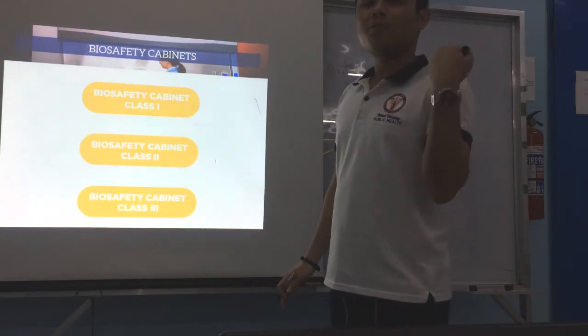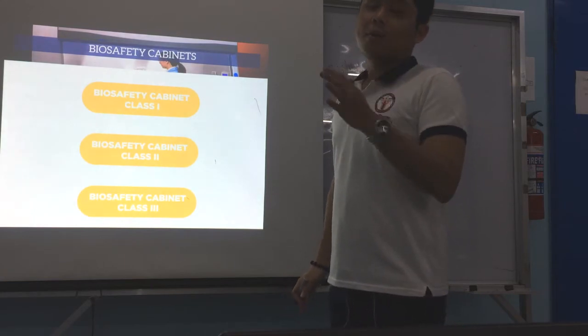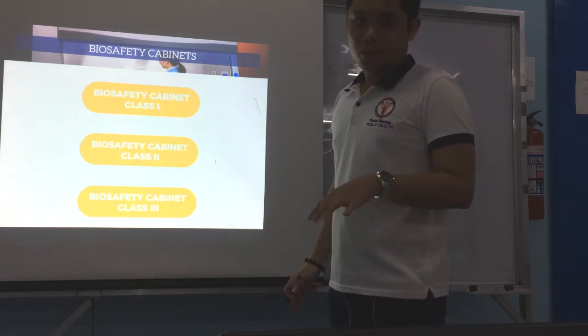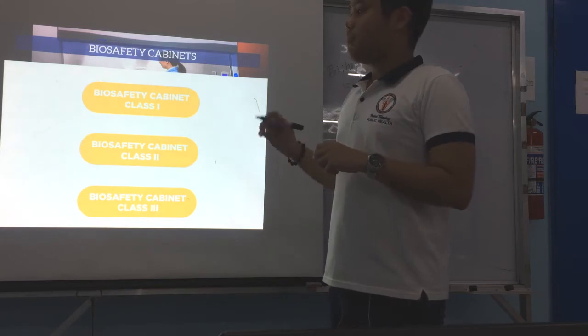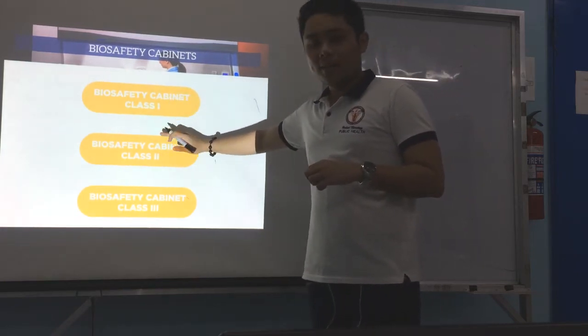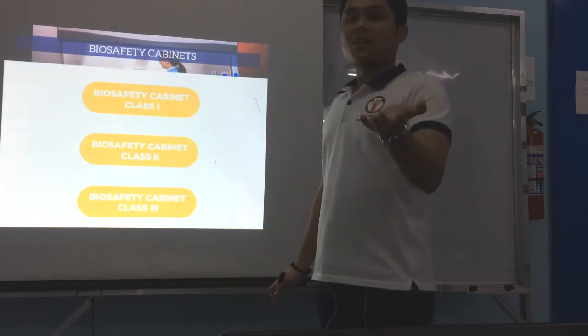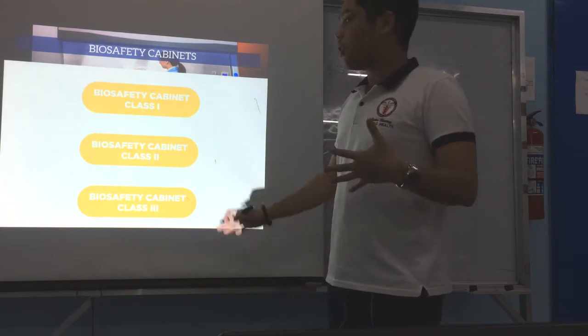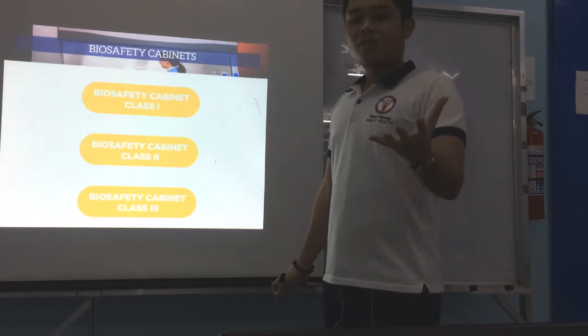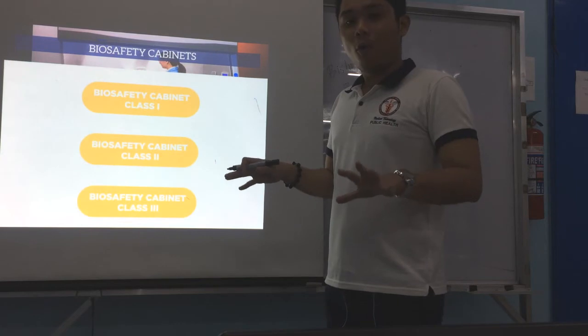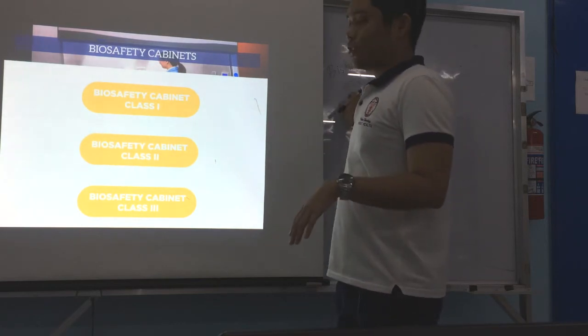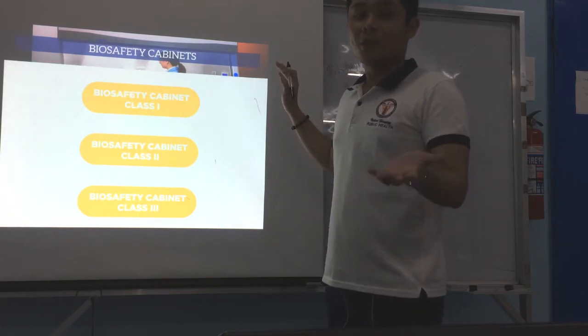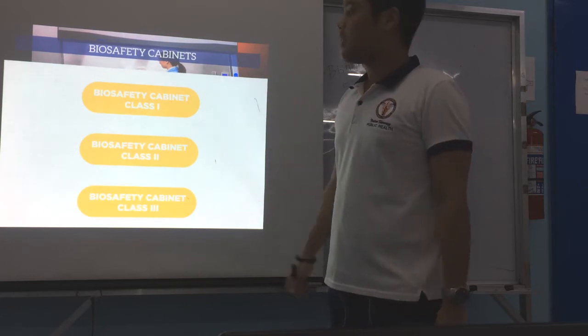And in previous board exams, the board of examiners took questions on BSCs from the Bishop subclasses. But since bacteriology will focus on the three major classes, I'll just show you a tabularized form of the Bishop version of the biosafety cabinets for you to familiarize yourselves with.